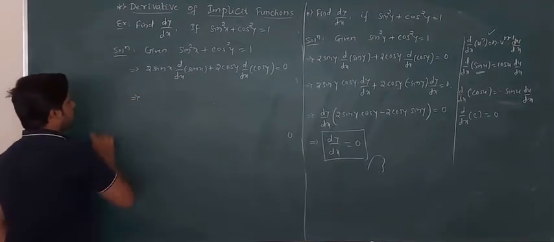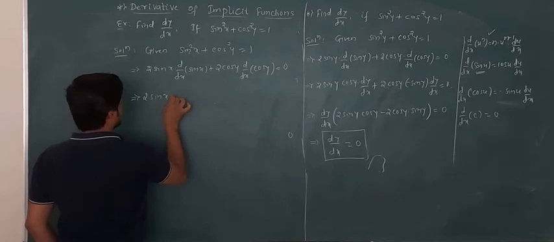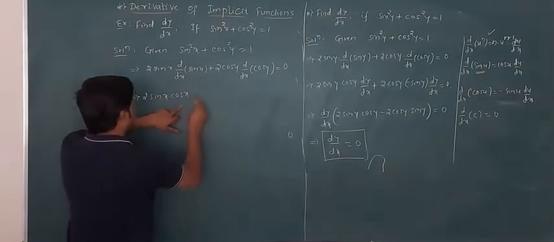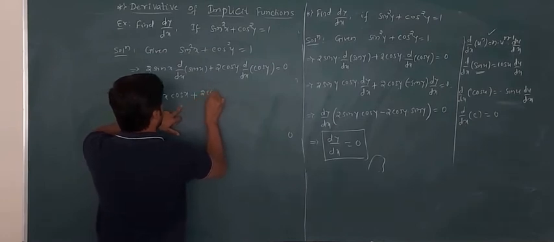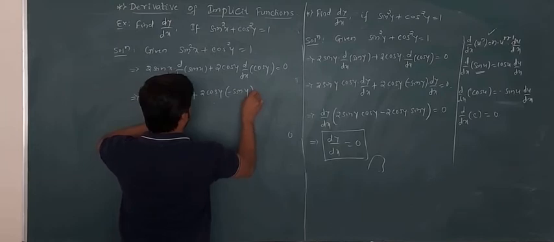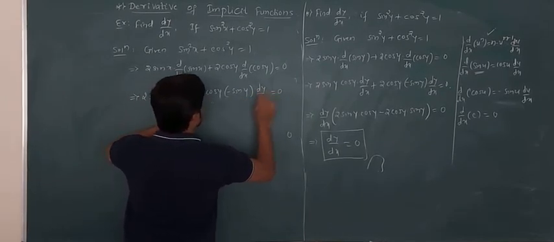Next, after simplifying we get 2 sin x, and d by dx of sin x is cos x, plus 2 cos y as it is. Differentiation of cos y is minus sin y into dy by dx, is equal to 0.